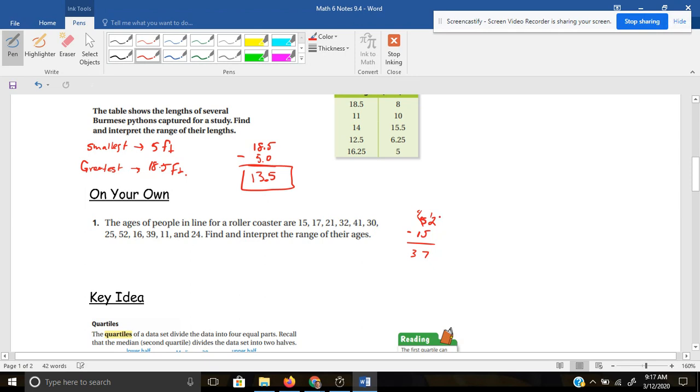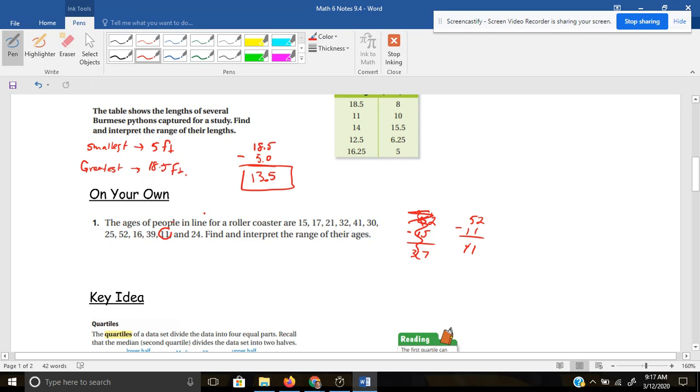Is that right? Oops, it's not right. And maybe you saw it before I did. My smallest number looks like it should be 11. Okay, let me try this again. 52 minus 11. 1, 4. Okay, sorry, I flubbed up there.